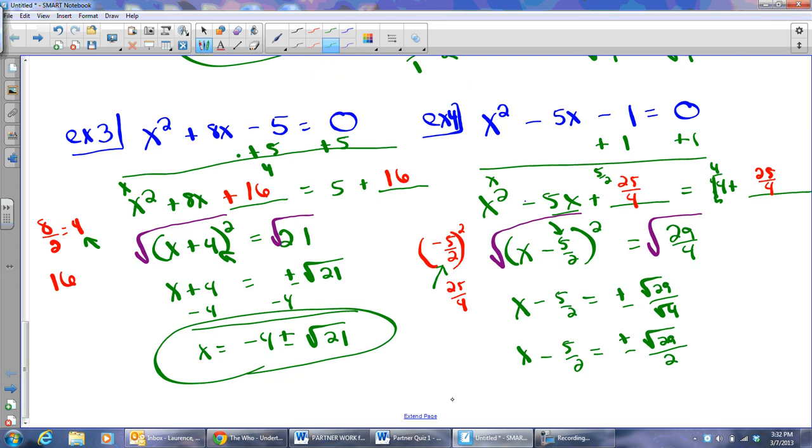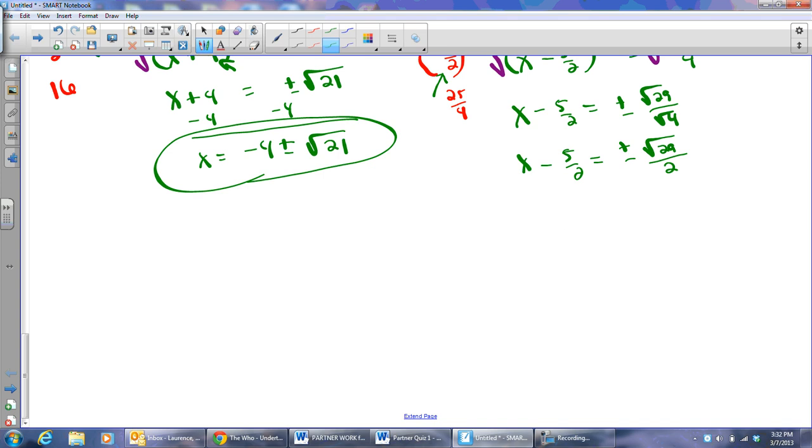And now I'm going to add 5 halves to both sides. And so x is going to equal 5 over 2 plus or minus square root of 29 over 2.